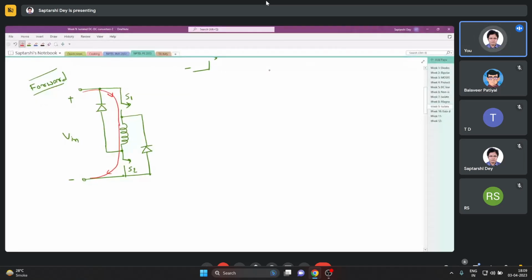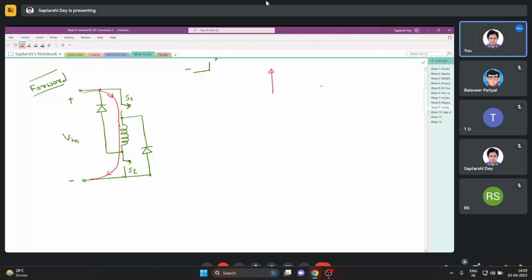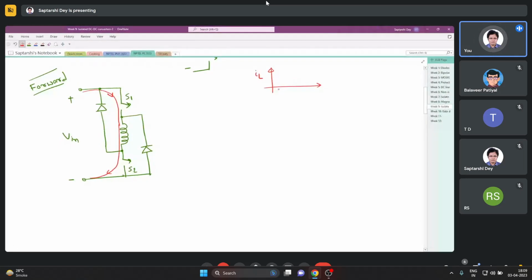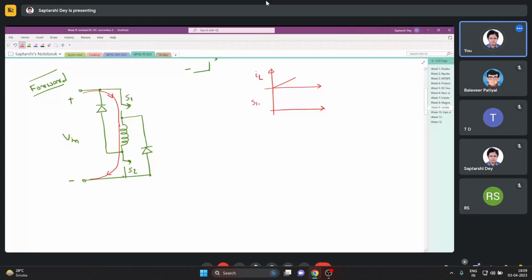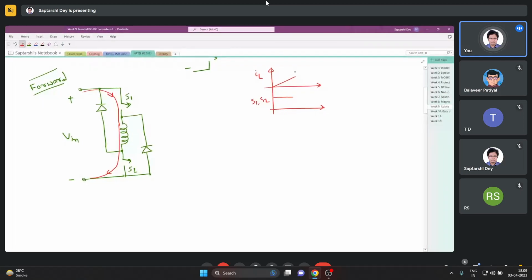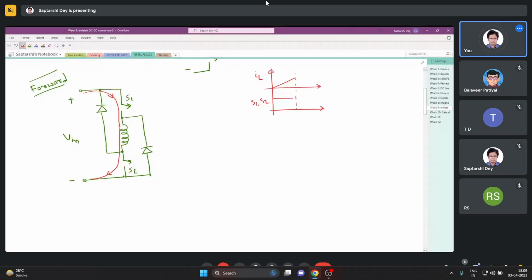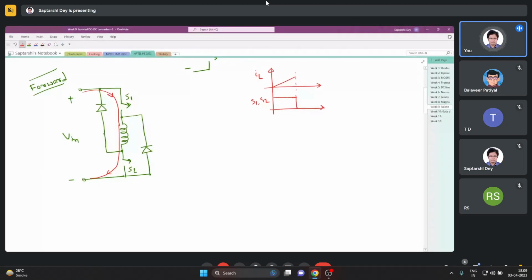Let us say it's only an inductor, so what you will get is, if I draw IL, it will increase linearly like this. S1 S2 was on during this duration. Now when you turn off S1 S2, when you open S1 S2, what will happen is the inductor was carrying a current in this direction, right?